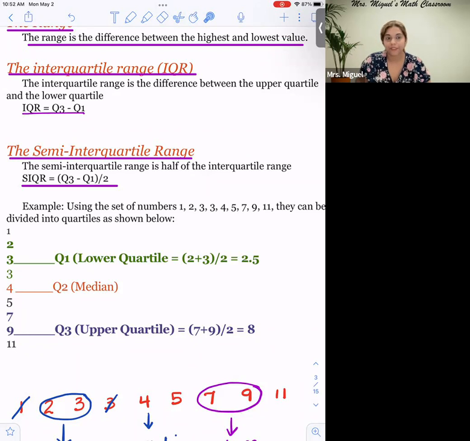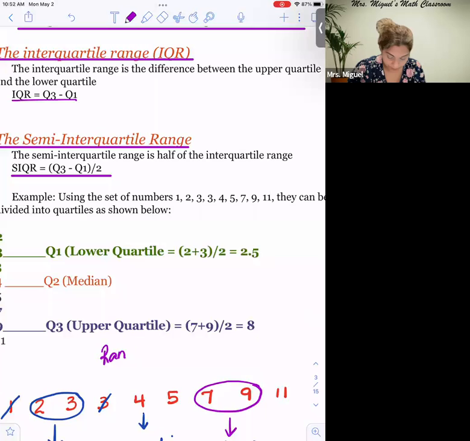All right, what is the range? What is the highest value and what is the lowest value in the data set?